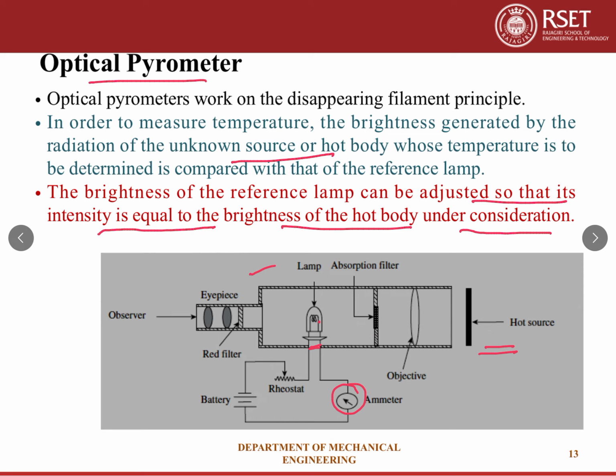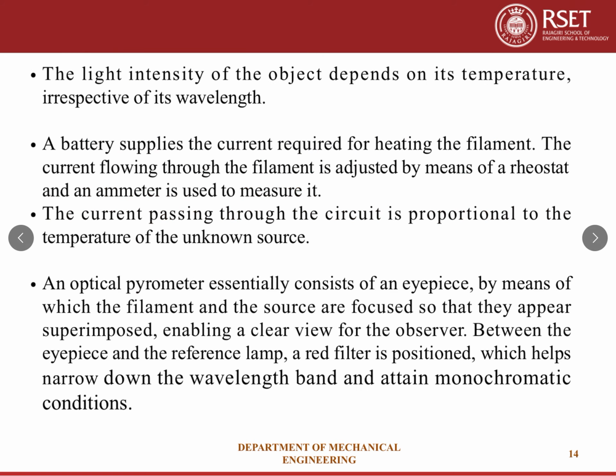So by varying the rheostat, we can vary the brightness of the bulb or filament. Here we have an eyepiece to focus, direct, or align this instrument with the hot body and to view or compare the light emitted by the bulb and the hot source. So that's about the construction of an optical pyrometer.